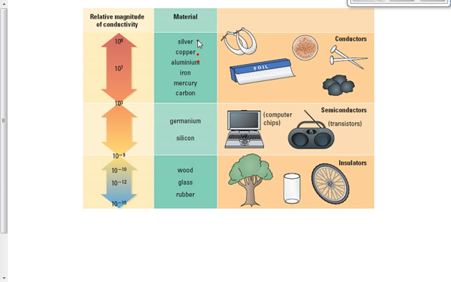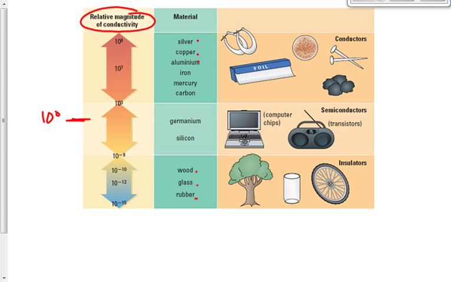We get things like wood, glass, and rubber that tend to be the worst conductors. The relative magnitude of the conductivity is listed on the left-hand side here. So if we base it on 1, let's say 1 times 10 to the 0, 10 to the 0 is our base value right here.